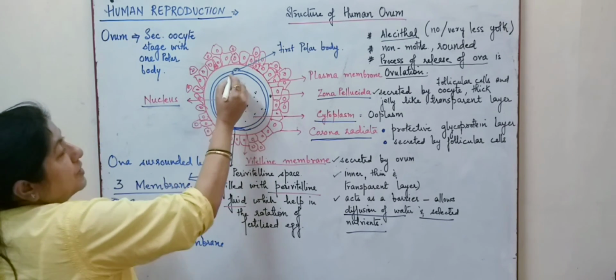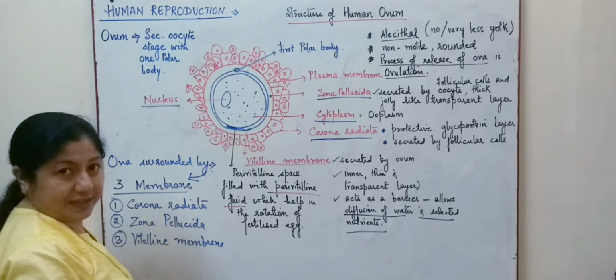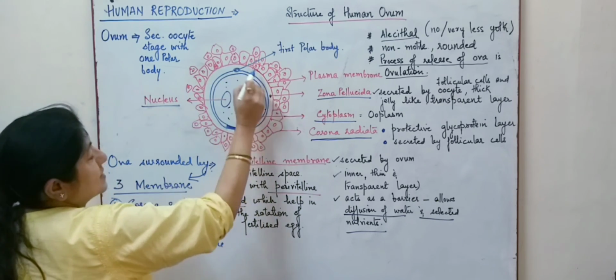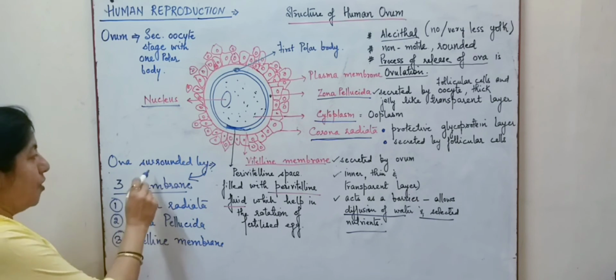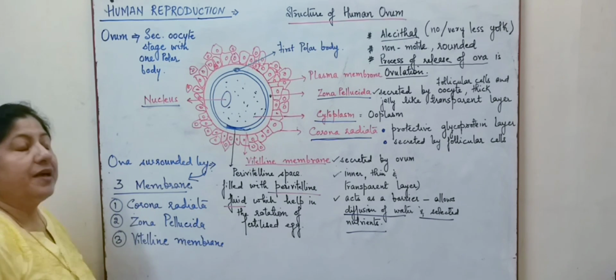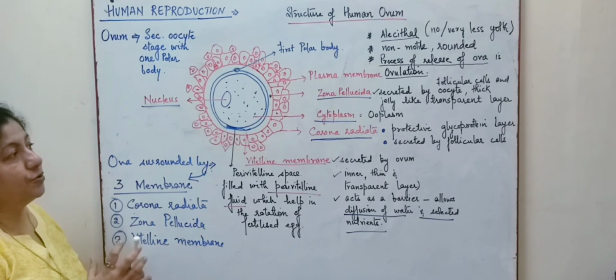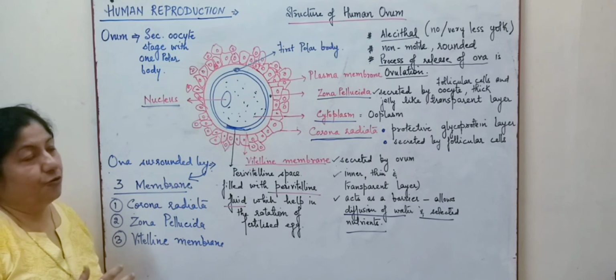You can see over here the first polar body which is present inside and the plasma membrane which is present outside. So, these are the various layers of the ovum that help the ovum to sustain and protect the ovum as well.